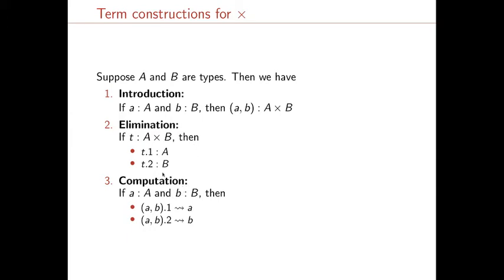As I said, the computation rule we have not yet seen on the side of the logic. This is something that we only discover now when we think about programming with this language.